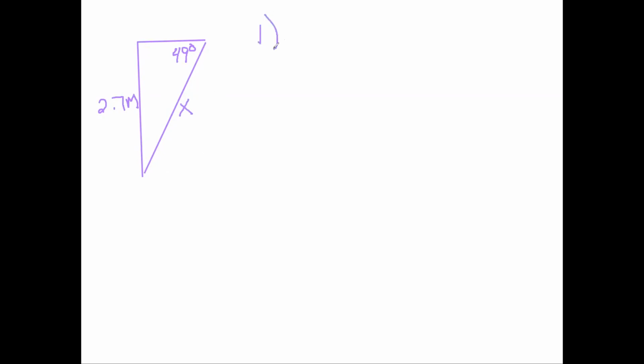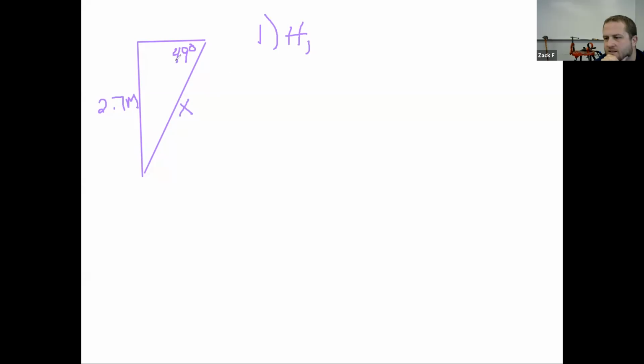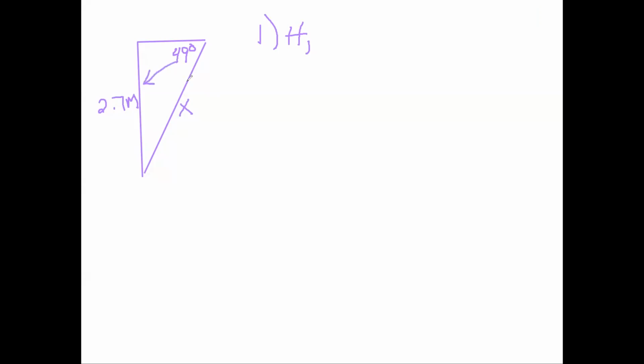I got X was the hypotenuse, and then Y was the adjacent. This is not adjacent. You know what? You're right. That's opposite. I did write opposite down though, didn't I?